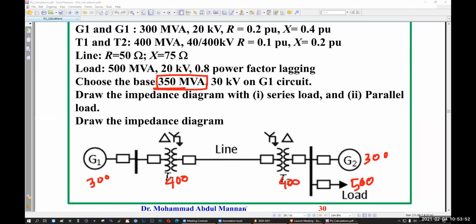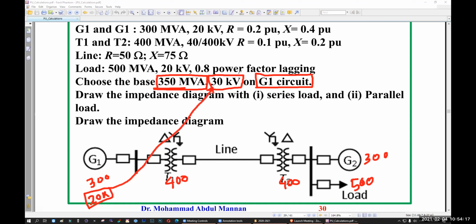Okay, fine. Now, the generator voltage was 20 kV. This is the rating. But you have to choose a base that is 30 kV, which is also different, on the G1 circuit. Maybe the rating is 20 kV, but you have to use it at 30 kV.